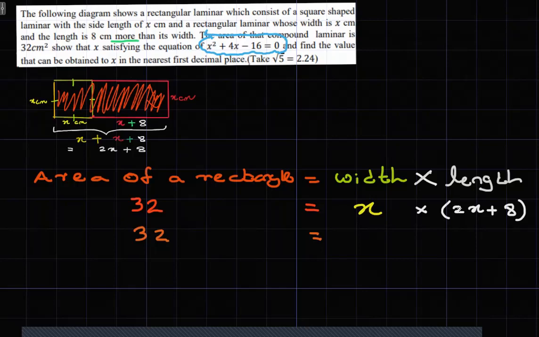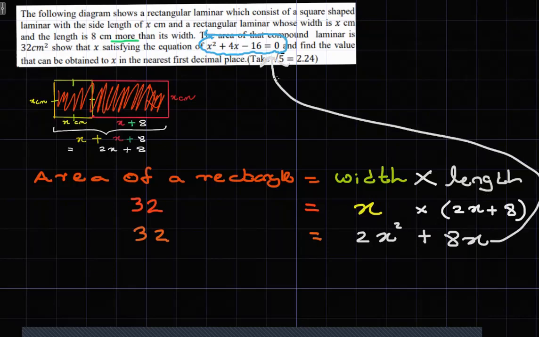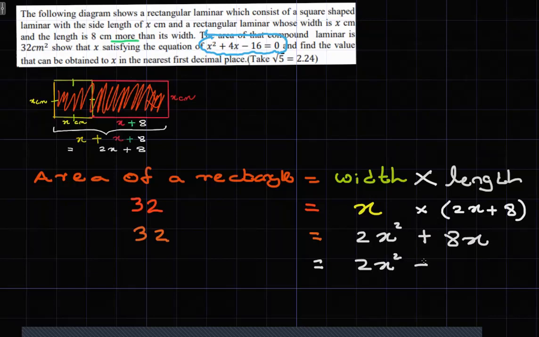So x times 2x. What is x times 2x? That is 2x squared plus x times 8, that is 8x. Now, is the examiner happy? Not yet. In his equation, one side has only 0. So how can we do that? With 2x squared plus 8x, let's ask this 32 to go to the right.